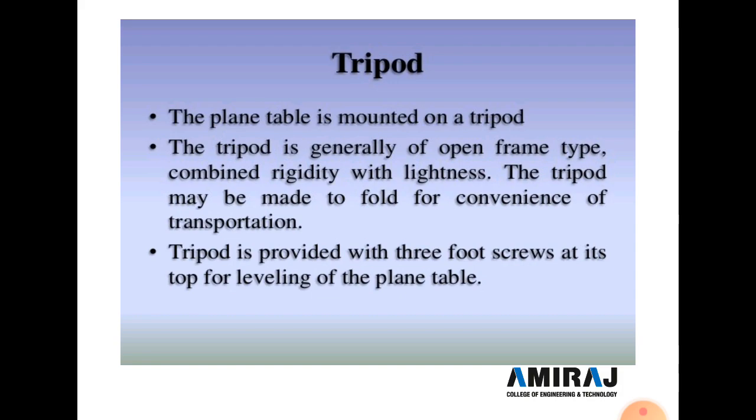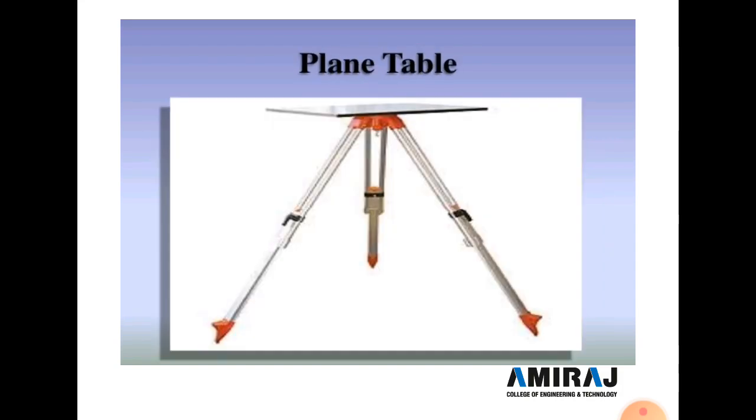The tripod is provided with three foot screws at the top for leveling of the plane table. In a wooden tripod stand a clamp is not provided, but in an aluminum section it is. Here at the top of the tripod stand, three foot screws are provided, like a theodolite. Exactly as in a theodolite, the same three foot screws are provided to level the plane table.